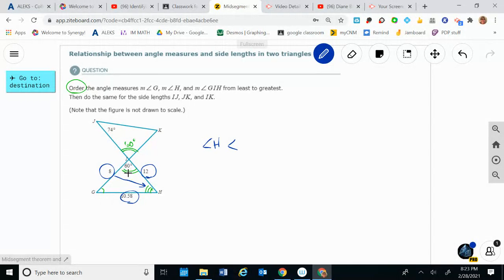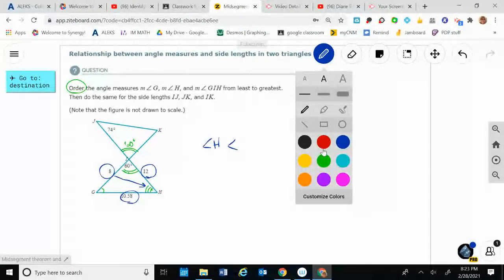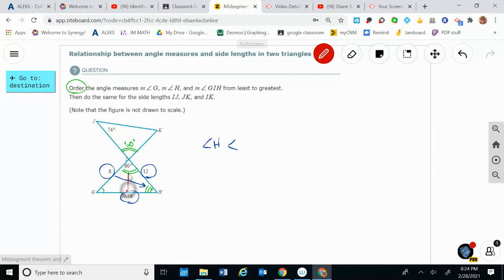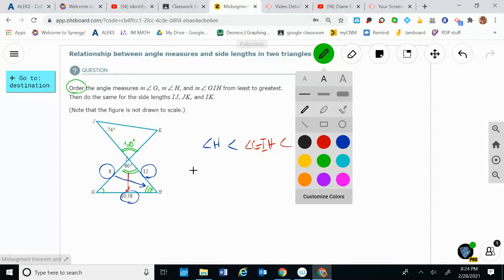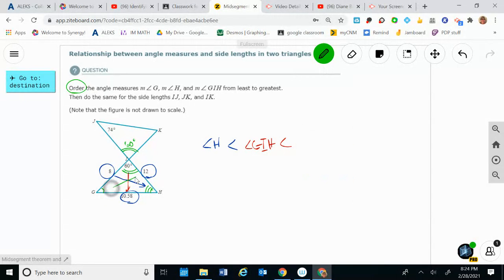Make sure you give it the way they give it to you. And the last one is 12, angle G. All we're doing is going backwards. So H is less than GIH is less than G. This is the order.